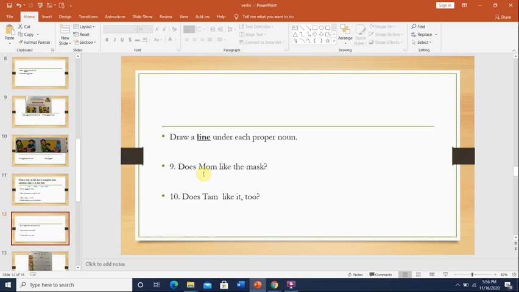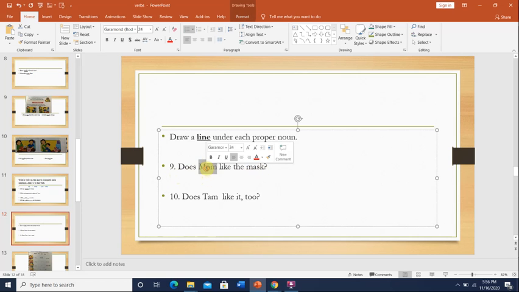If you don't know, look at the word that begins with a capital letter. Is it does or is it Mom? Mom. Here it gives Mom like the name, Mom. So that's why it begins with a capital letter. So Mom here is the proper noun. Number 10. Does Tam like it too? Okay. Tam is a name of a girl and it begins with a capital letter, so this is the proper noun.